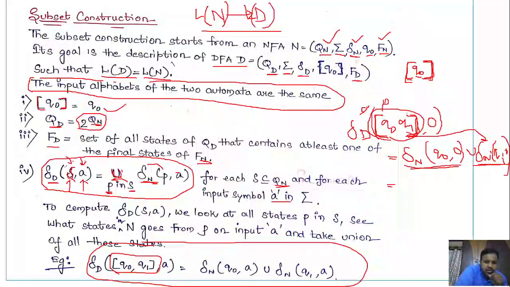So [Q0, Q1] enclosed in a square bracket is one state in the DFA, and we are calculating the transition function for that state on input symbol A. We refer to the transition function of the NFA and write delta N of Q0 on A union delta N of Q1 on A. Why are we writing these two transitions separately? Because these are two separate states in the NFA. But we don't have multiple transitions in the DFA, so we represent Q0 Q1 as a single state in the DFA.